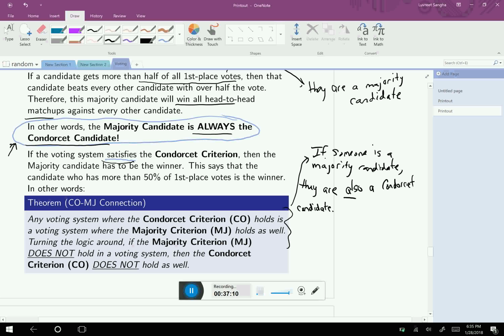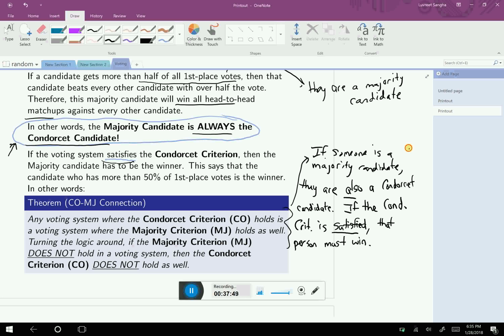And we're assuming that the Condorcet criterion is satisfied. So if the Condorcet criterion is satisfied, that person must win. Because to satisfy the Condorcet criterion, anytime there's a Condorcet candidate, that person has to win. Okay.